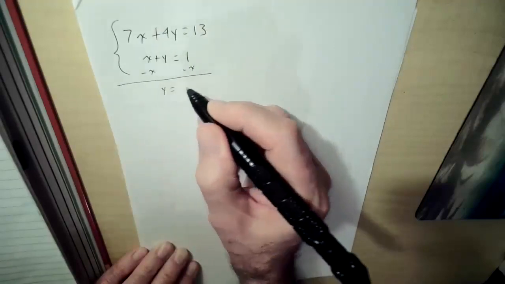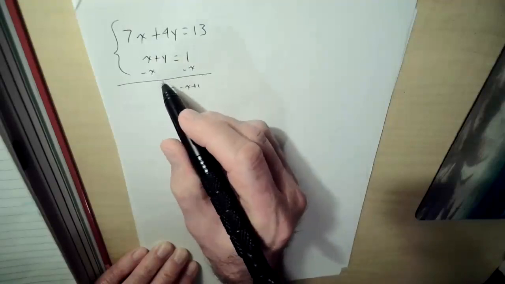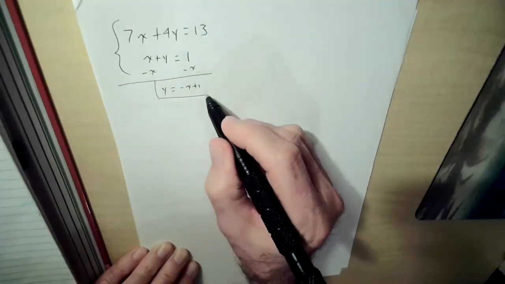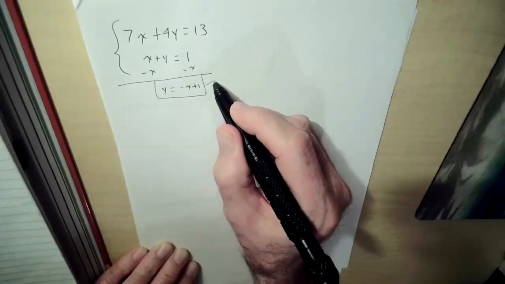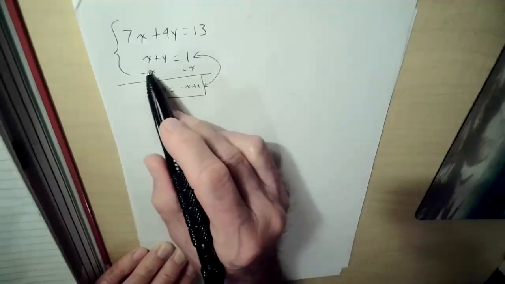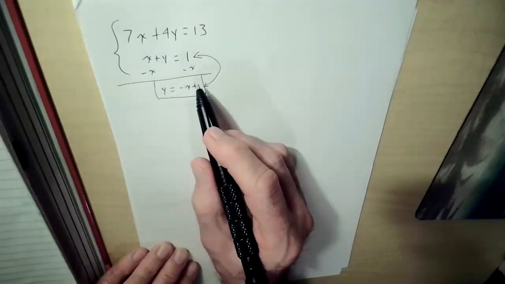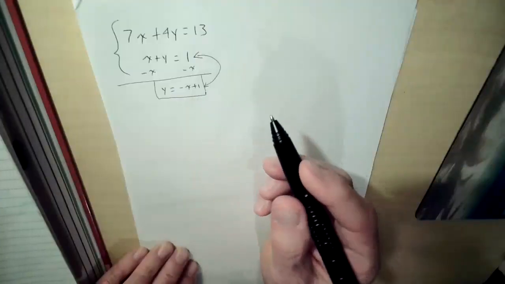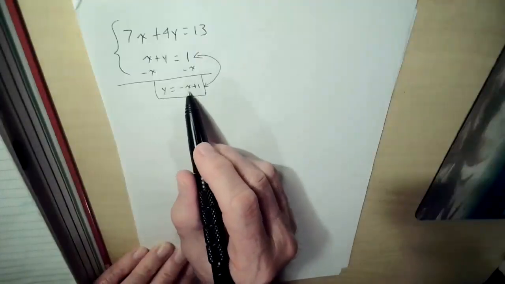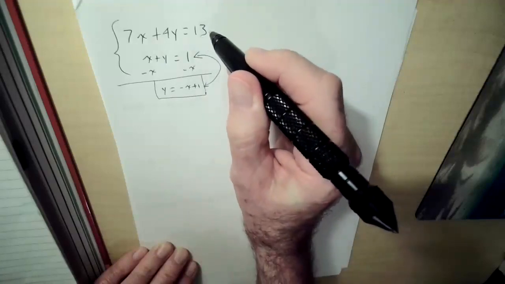So how are we going to get y by itself? Subtract x from each side. And we get y equals negative x plus 1. This is the same as that. They're just rearranged some.